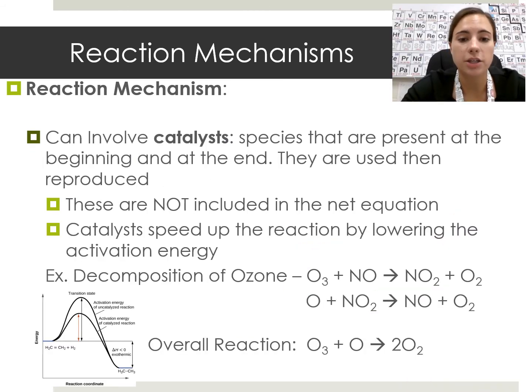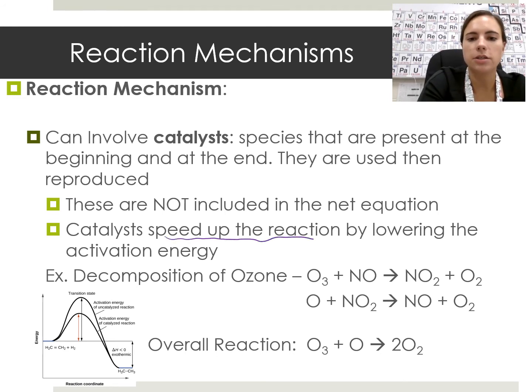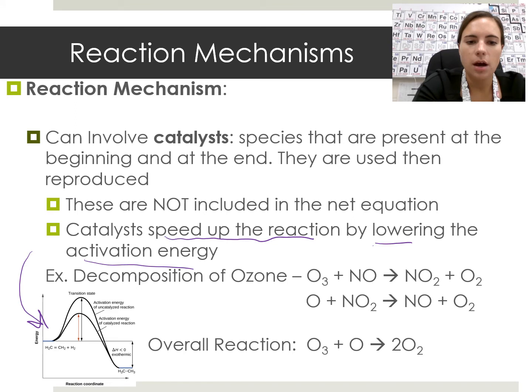Something else that reaction mechanisms may include are catalysts. And if you remember from biology or regular chemistry, catalysts speed up reactions by lowering the activation energy. So you can see that down here in this graph. So the uncatalyzed reaction has an activation energy of this, while the catalyzed reaction has a much smaller activation energy, and that's what allows it to go faster.